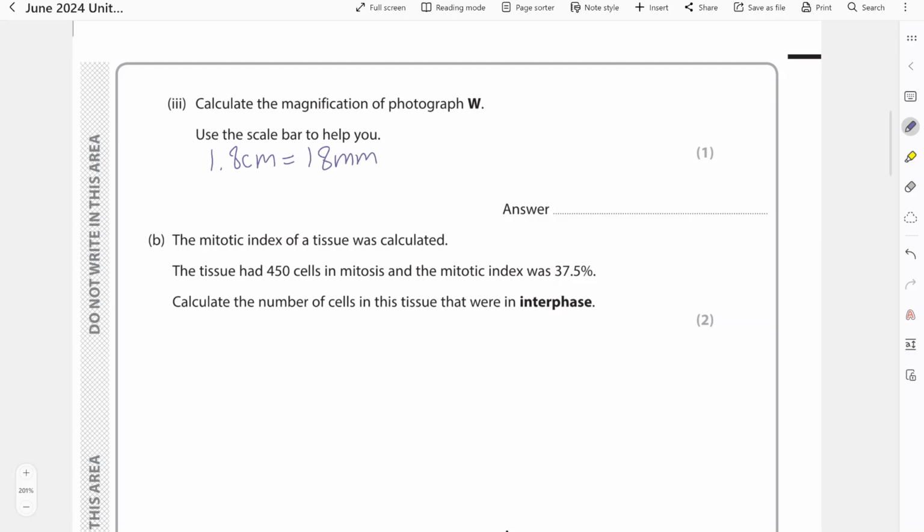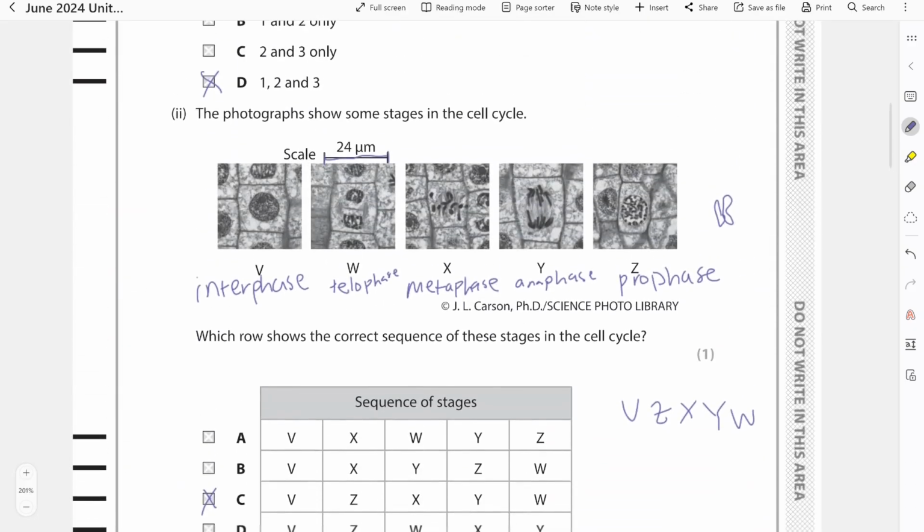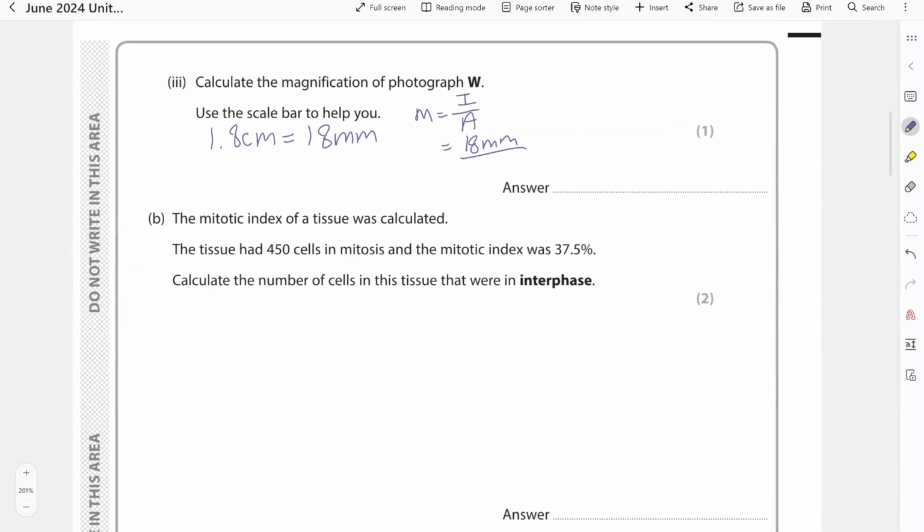Now the equation for magnification is magnification equals image size over actual size. Now the image size is 18 millimeters. The actual size is 24 micrometers. The problem with this is that the units are different, so we have to make sure the units are the same.